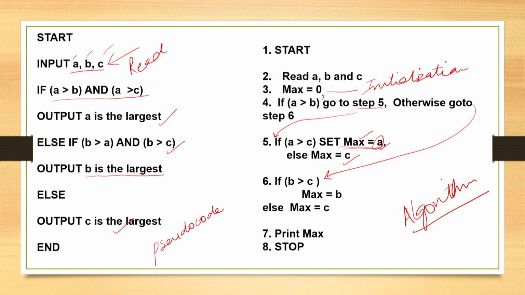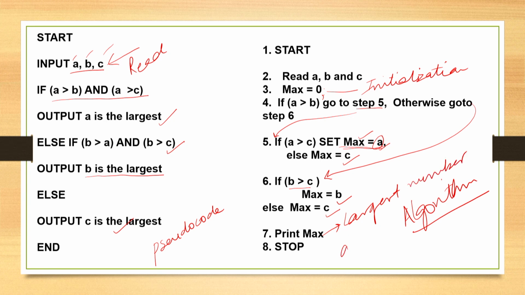If A is less than B, then again you have to compare. If B is greater than C, then it means what? B is now the greatest, so this will be assigned to max, otherwise C will be greatest, which will be assigned to max. So, max contains what? This contains the largest variable, or you can say largest number.